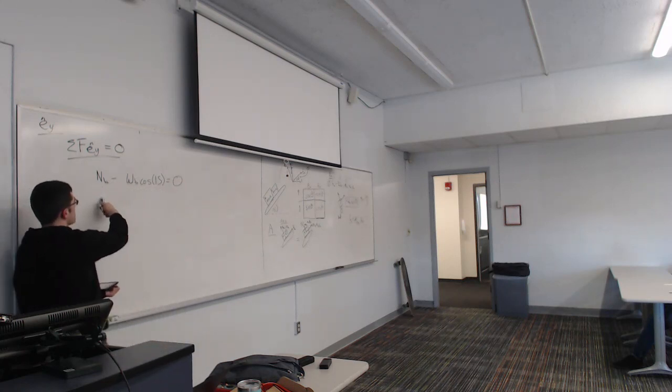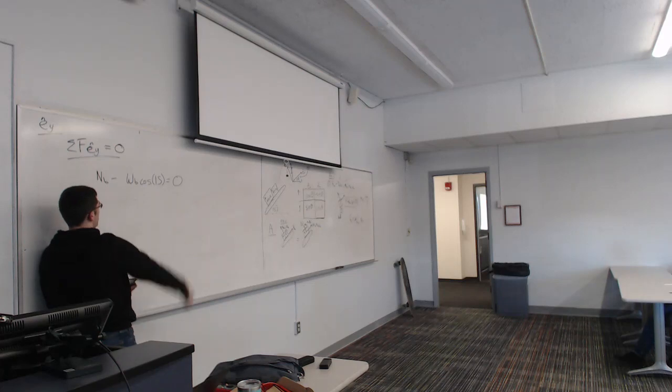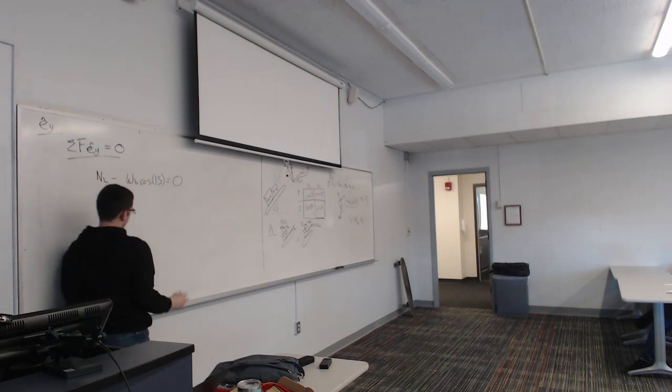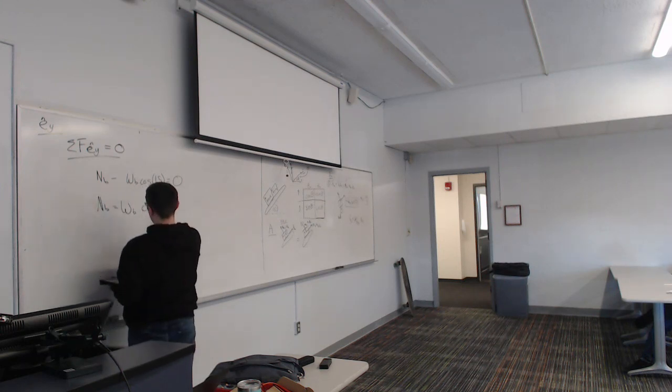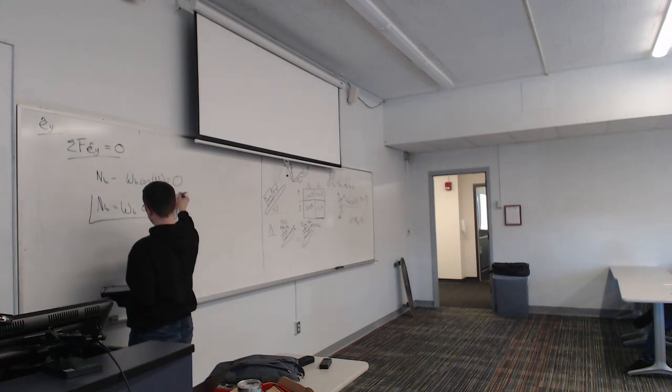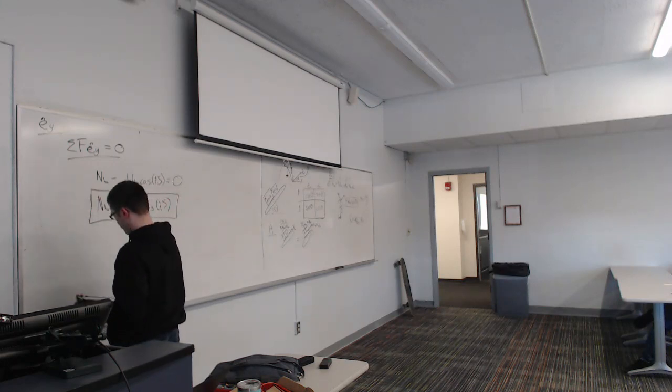The normal force minus the weight of B times cosine of 15 equals 0. So the normal force of B equals weight of B times cosine of 15.